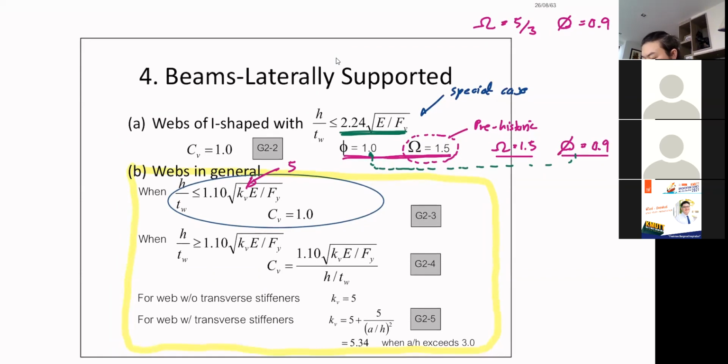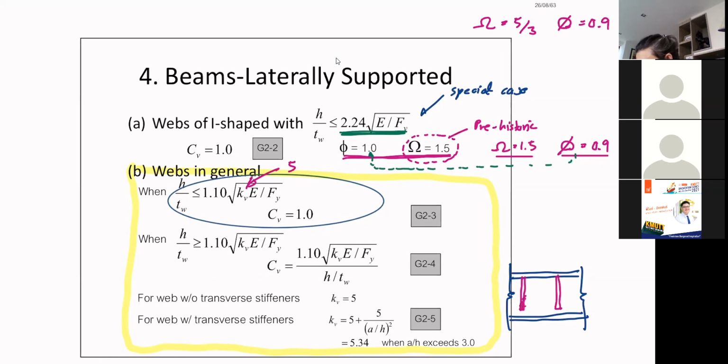Kv will be different from 5 when you strengthen the web of your beam. Just like reinforced concrete, where you can add stirrups to increase the shear capacity of your beam, it's the same here. In a steel beam, sometimes, especially with a built-up section, you can add stiffeners, just like adding stirrups to your steel beam.